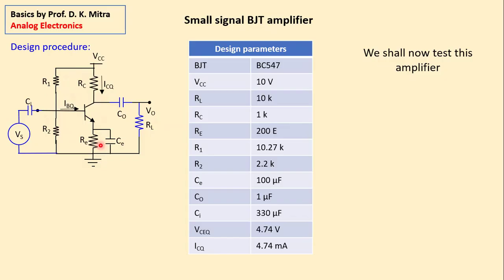Because you always need to know, suppose you have to change R2, what will happen if you change R2, right? And that we have discussed in our earlier lessons. Suppose you have to change CE, you need to know what will happen if you change CE. Accordingly, we do those changes. And this test we shall do in our next lesson.